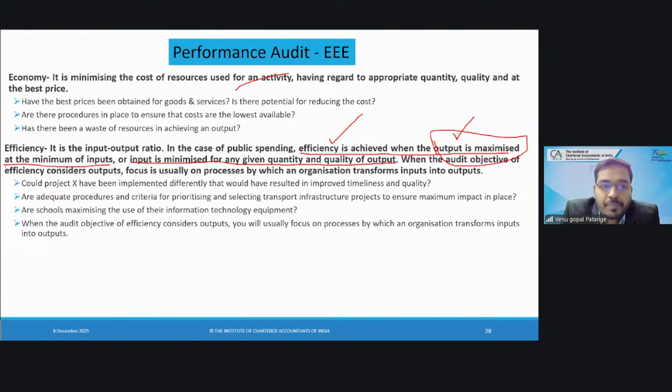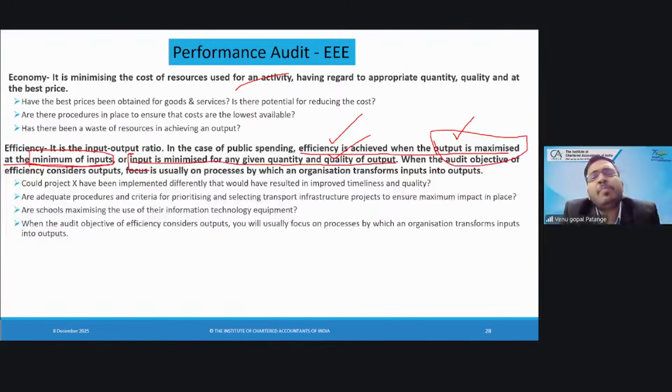Correct? So output is maximized at the minimum of inputs. Okay, inputs. You have 4 doctors, 10 supporting staff. That is a program done by PSU. Now you will try to tell as many people as possible to take these services for free medical checkup. So here, output is maximized. Next, what is the input is minimized? So let us say you are doing that facility in a remote village.